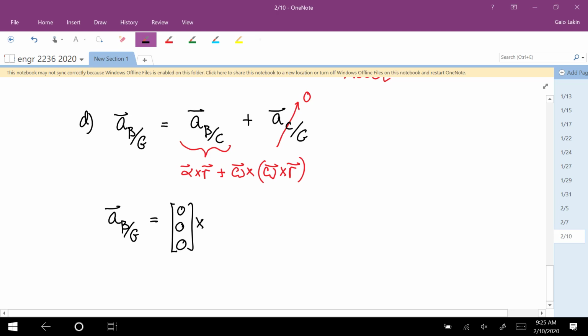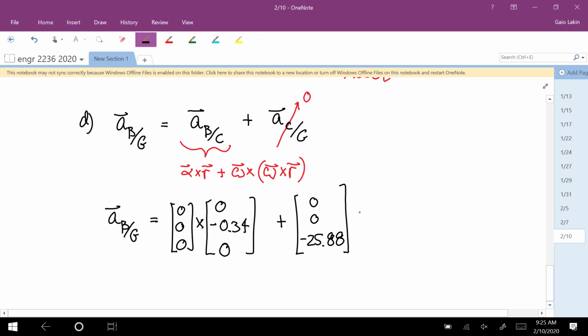0 crossed with, what's the R vector for the point B? Yep, 0, negative 0.340, plus 0, 0, negative 25.88 crossed with 0, 0, negative 25.88 crossed with the R vector of 0, negative 0.340.